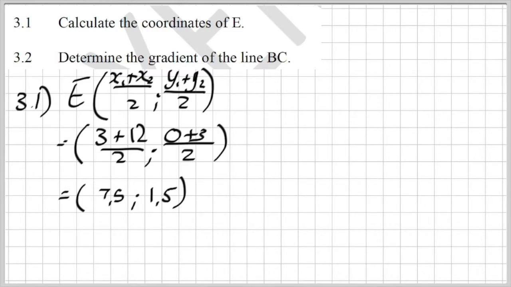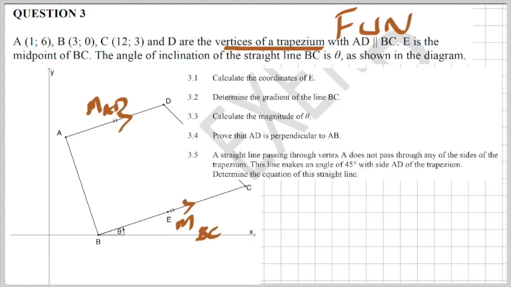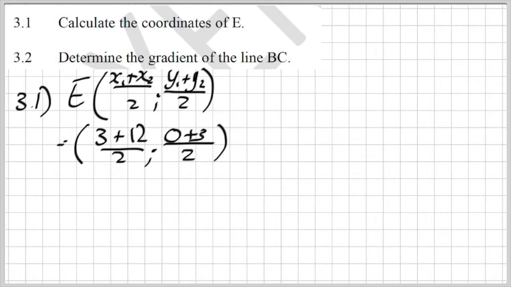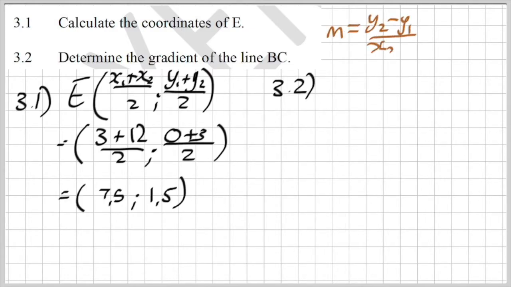But let's quickly look at 3.2. It says to determine the gradient of the line BC. Fortunately, looking at the sketch, for B and C, I was given the coordinates 3 semicolon 0 and 12 semicolon 0. So going forward, I'm going to write out my formula. You will see that I always write out my formula.